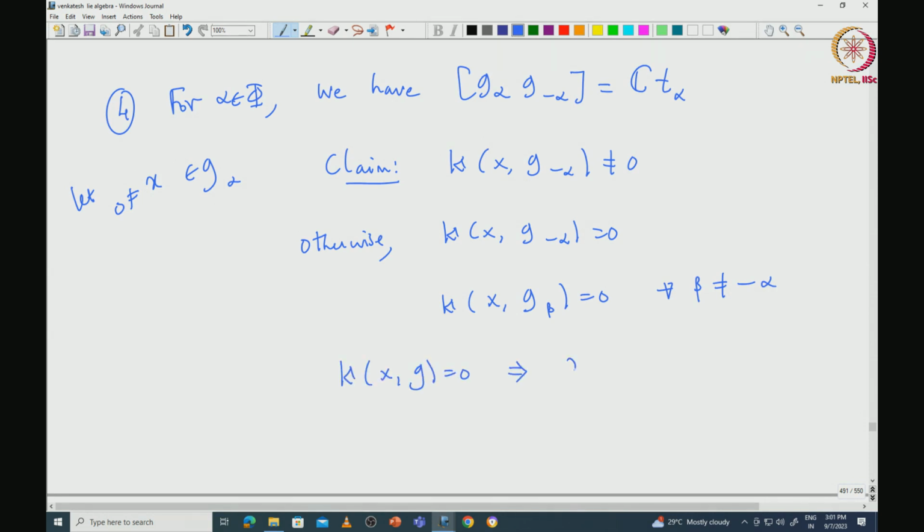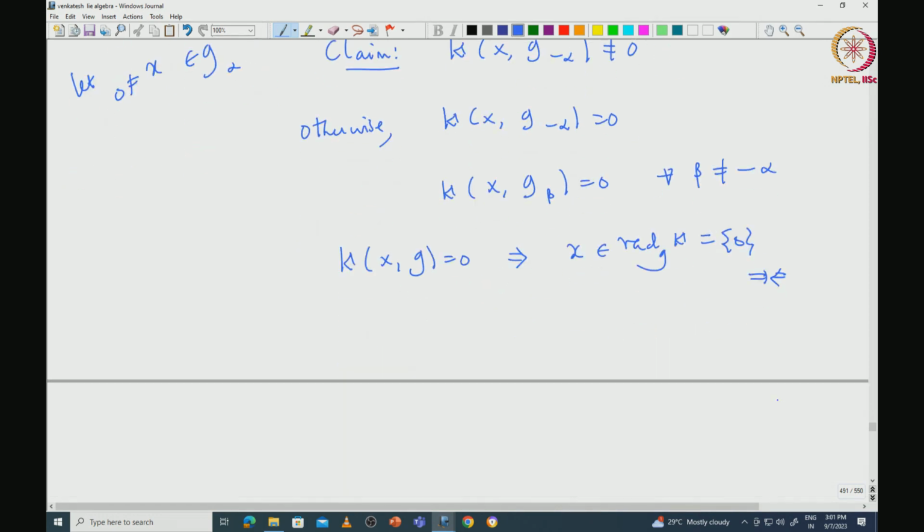That will imply that x is in the radical of kappa with respect to g, which is also 0. That is a contradiction because we started with x being non-zero. So this proves that there exists y in g minus alpha such that kappa of x comma y must be non-zero.